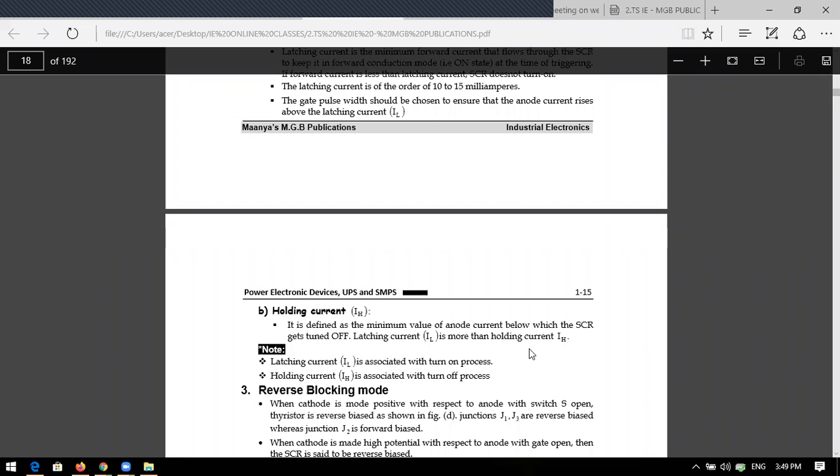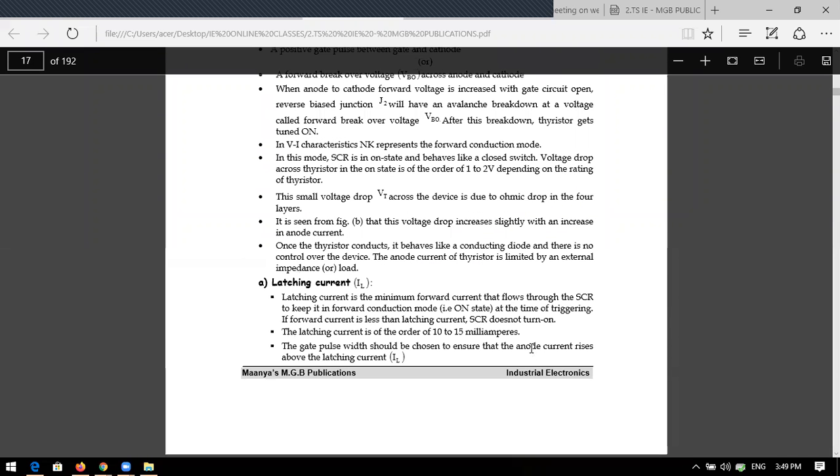Very important here: above means latching current, below means holding current. Above which the SCR turns on is called the latching current, below which the SCR turns off is called the holding current.